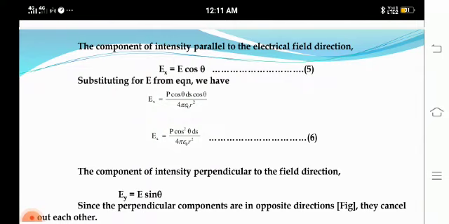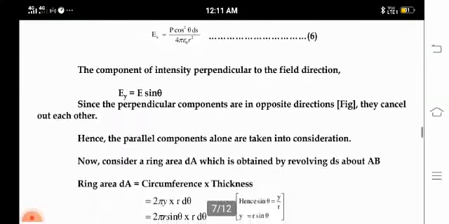By simplification, we get P cos squared theta ds divided by 4 pi epsilon naught r squared. In the y direction, the component of intensity perpendicular to the field direction is Ey equal to E sin theta. The perpendicular components are in opposite directions, so they cancel each other. Hence, the parallel components alone are considered.